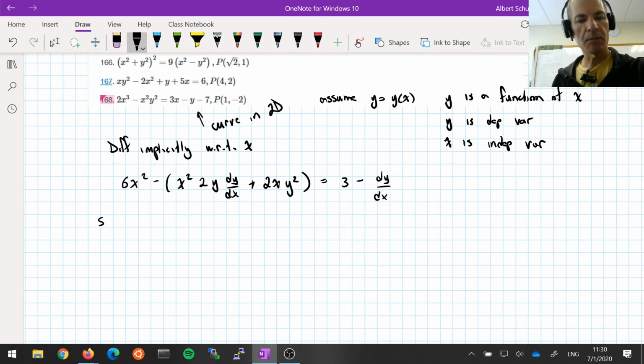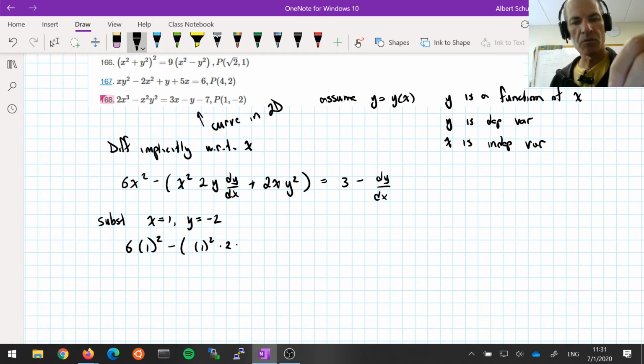At this point, just substitute the point 1, negative 2, x equals 1, y equals negative 2 into the expression. So we get 6 times 1 squared minus the quantity 1 squared times 2 times, what's y, negative 2.